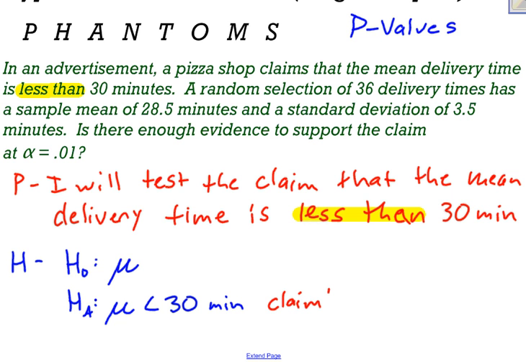I always like to label whether the claim is in the alternative or the null hypothesis. Again, from one of my previous videos, you should know that if the alternative says that mu, or the mean, is less than 30 minutes, then the null hypothesis has to say that mu is greater than or equal to 30 minutes. These symbols here have to be complements of each other. All right, so now let's continue.